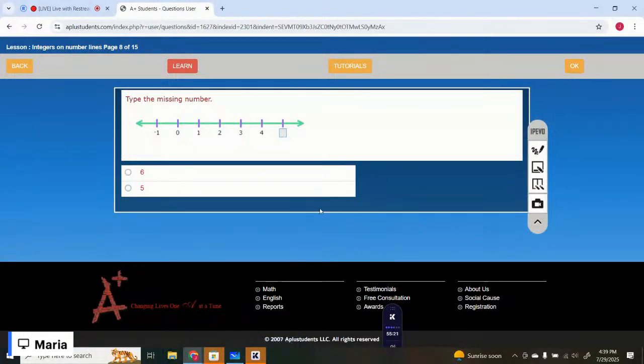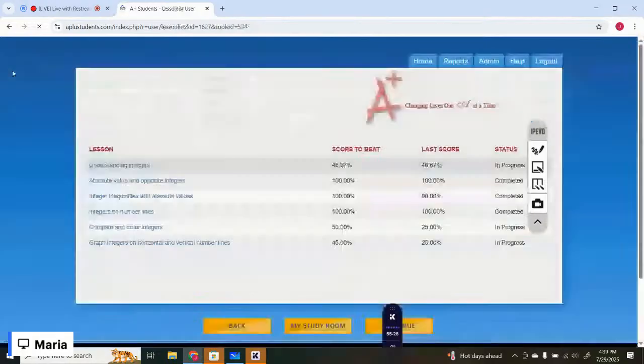The missing number is 5. Option number 2 is the correct option. Okay, complete the lesson by yourself later today.